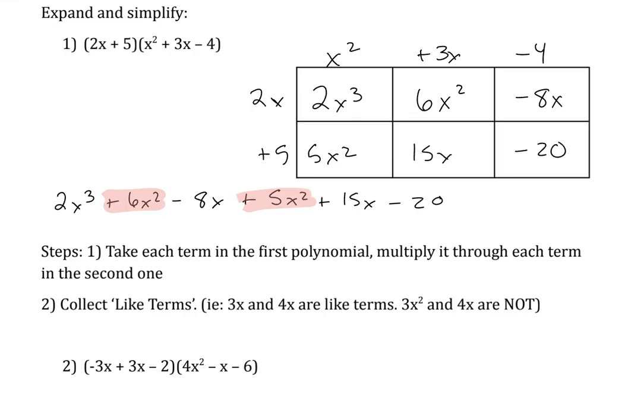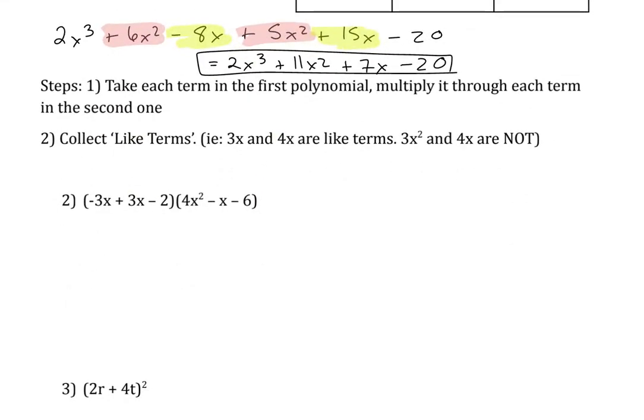There's nothing to go with our x to the power of 3, but then we do have negative 8x and positive 15x, and then again that constant is all by its lonesome. So we have, as a result, 2x to the power of 3, 6x squared plus 5x squared is plus 11x squared, negative 8x plus 15x is going to be positive 7x minus 20. And that is our final answer.